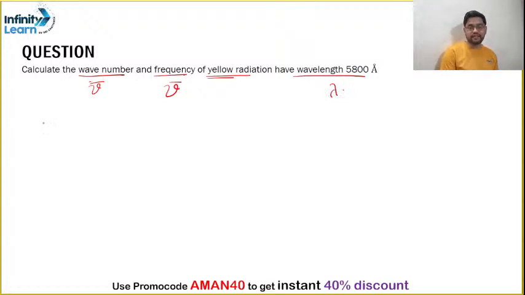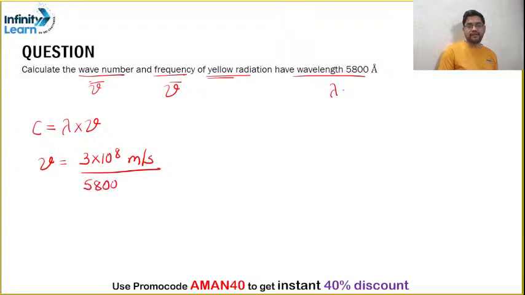So can I say that electromagnetic radiation travels with the speed of light, which is lambda times frequency. So frequency can be calculated as 3 into 10 raised to 8 meter per second divided by 5800 into 10 raised to minus 10 meters.